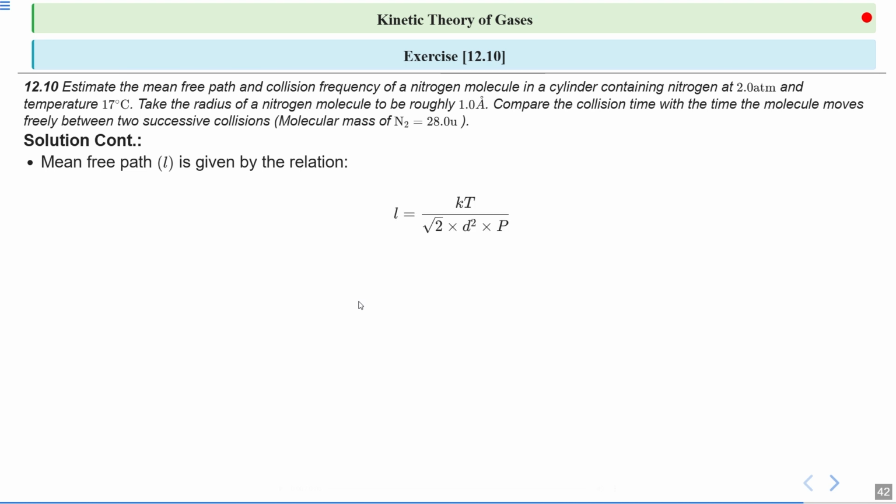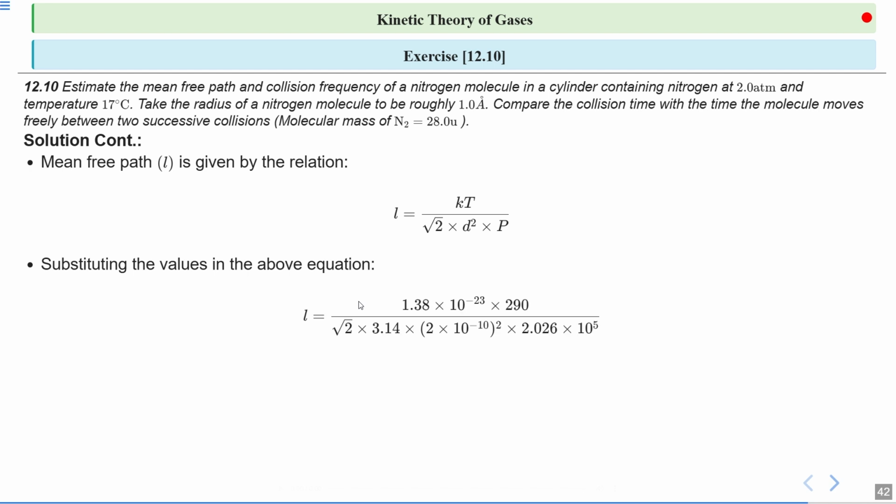So the relation is this one, kT upon root 2 d square into P. Substituting the values in the above equation, it will be 1.38 into 10 raised to the power minus 23 into 290 divided by root 2 into 3.14 into (2 into 10 raised to the power minus 10) whole square into 2.026 into 10 raised to the power 5. Solving this, you will get 1.11 into 10 raised to the power minus 7 meter.